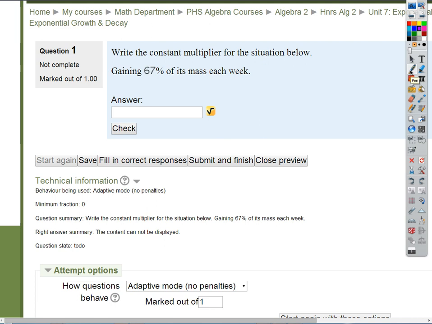So if I wrote this as a growth factor, it would be a times 1 plus 0.67 to the x, right? If I want to write this as a constant multiplier, what do I trade it for? What is that? 1.67. See my point? 1.67 is your answer.